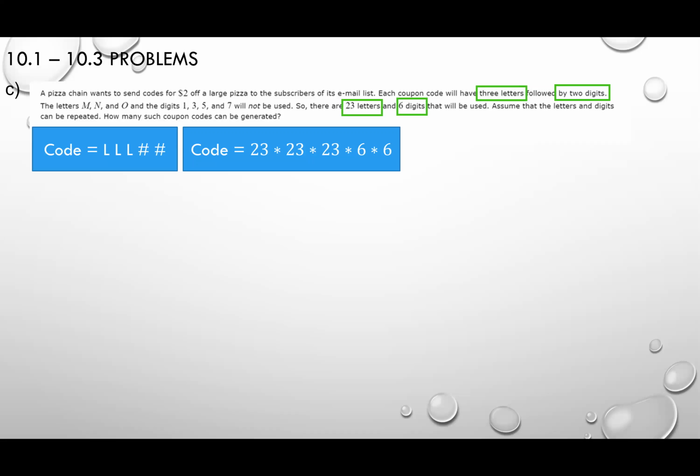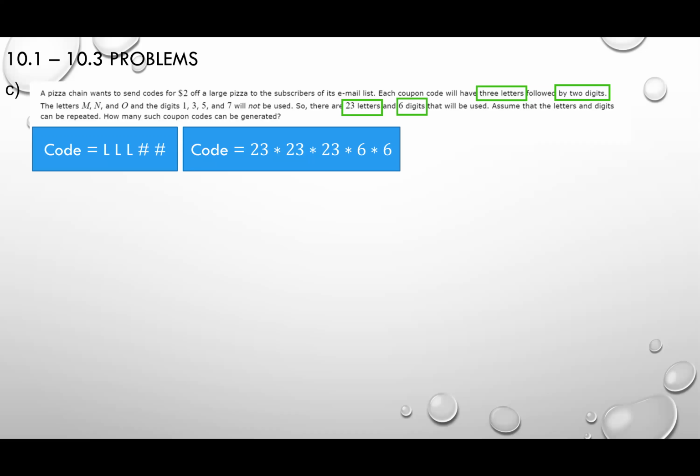And for each digit category, I can only use 6 digits. So 23 times 23 times 23 times 6 times 6 is the total number of items I can use for the specific category.